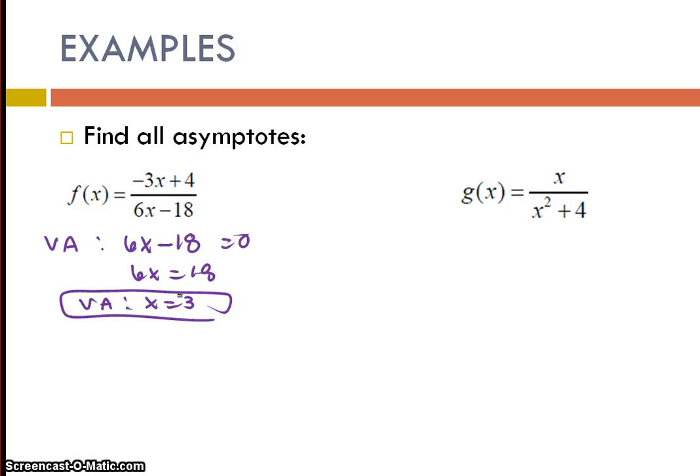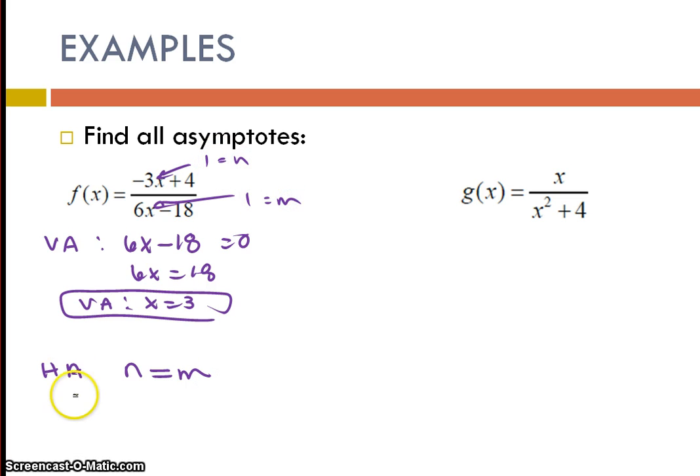Horizontal asymptotes. To find the horizontal asymptotes, you look at the table. The degree of the top is 1, the degree of the bottom is 1. Our n is 1, our m is 1.